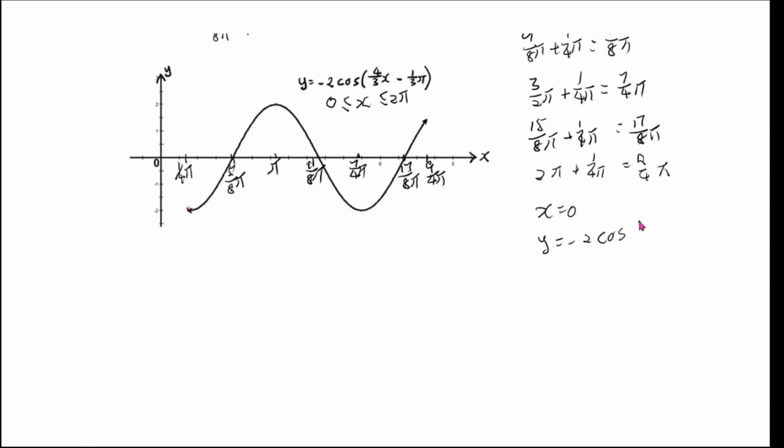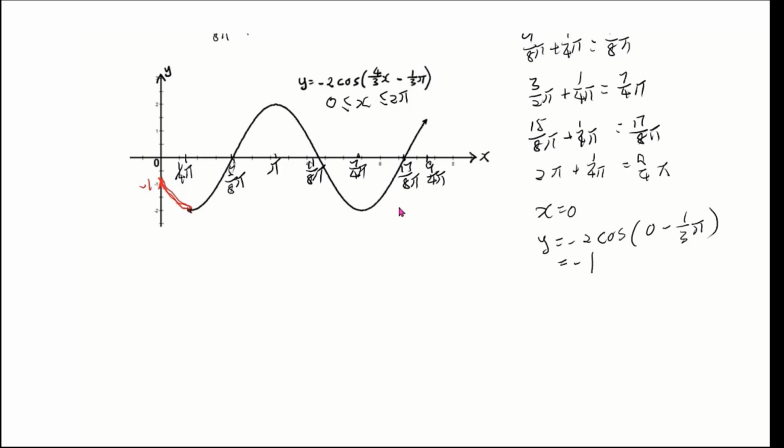We substitute x with 0 and we try to find the value, and we found that the value is negative 1. So the y-intercept is negative 1. We label here negative 1, which means the graph here we replace from here up to here.